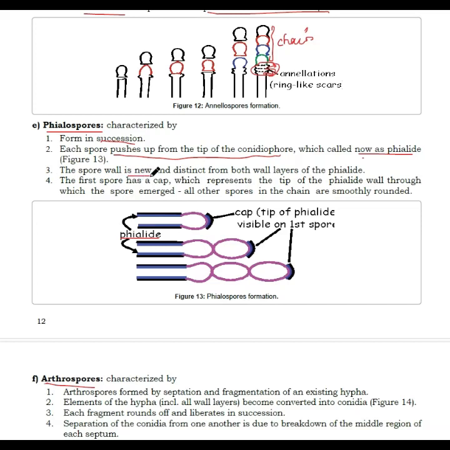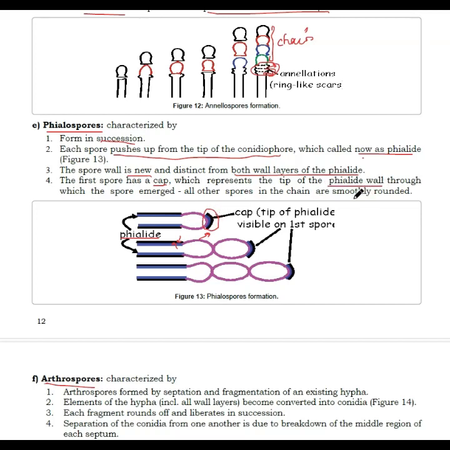The spore wall is new and distinct from both layers of the phialide. So layer 1 is this, layer 2 is this, but this wall is very different from the conidiophore. The first spore has a cap-like structure, which represents the tip of the phialide wall.